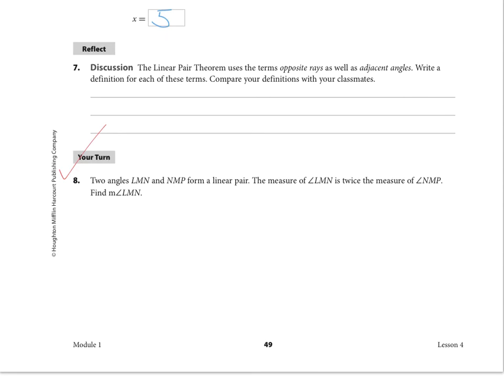And again, make sure that when two angles are sharing a side, you notice the letters they have in common, M and N. The vertex of each one is M, so be aware of that in your diagram, and it looks like M and N are the shared letters. That should be the shared ray. So make sure that you label algebraically so that the measure of one angle is twice the other, okay, and then see if you can find the measure of the angle that they're looking for, all right? See what you can do with that, your turn.